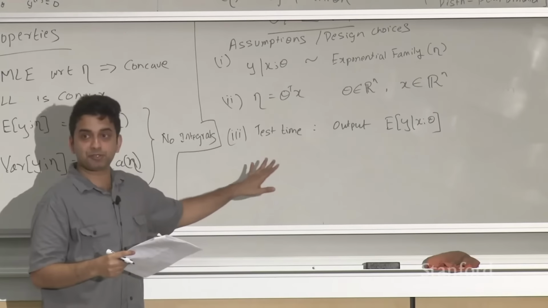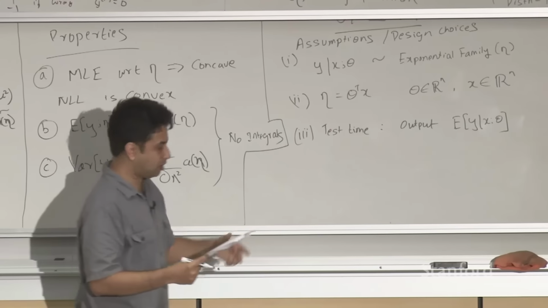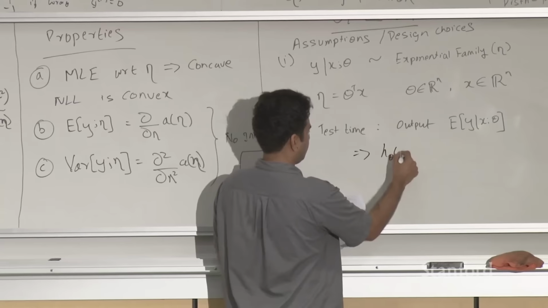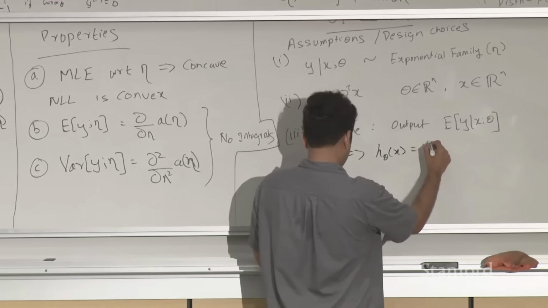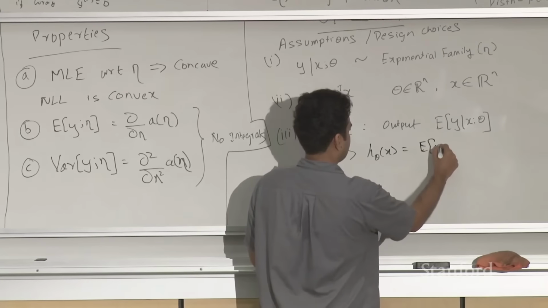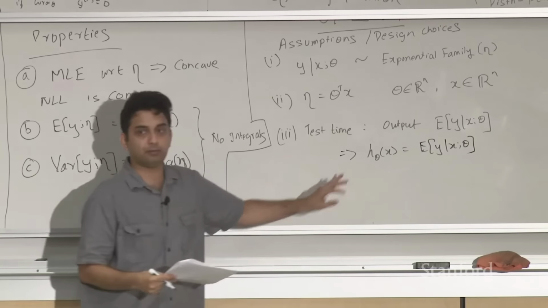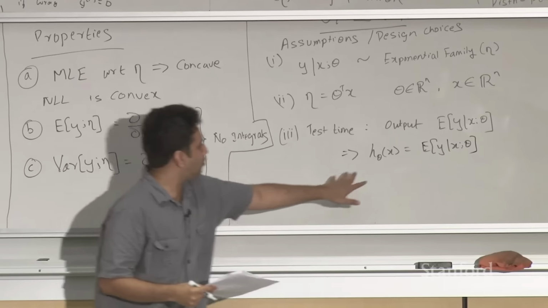This may sound a little abstract, but we're going to make this more clear. So what this essentially means is that the hypothesis function is actually just this. This is our hypothesis function.